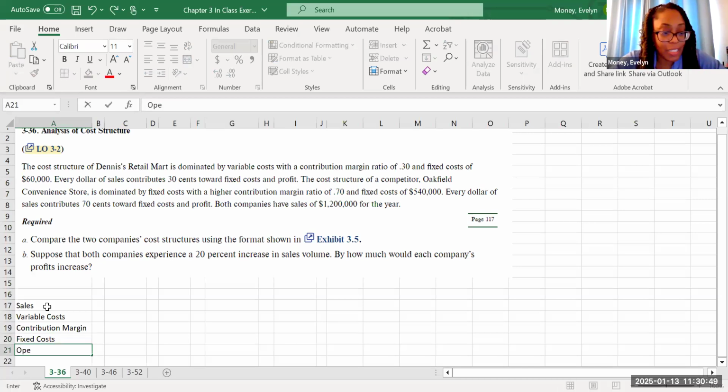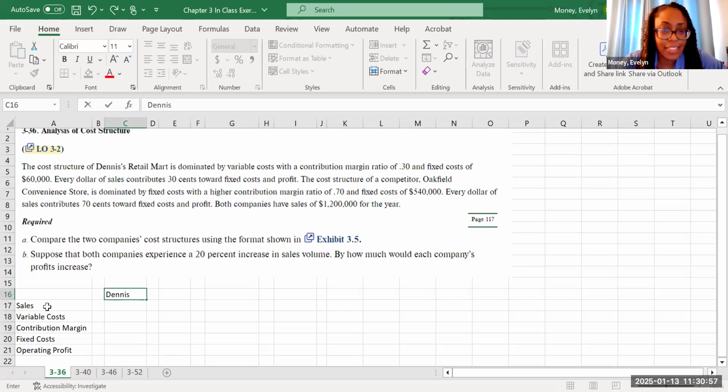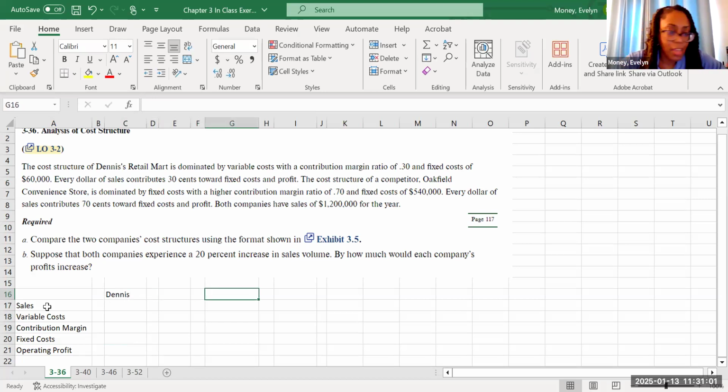And then that brings me to my operating profit. Now, we have to do this for Dennis, and we have to do this for Oakfield. Now, I'll go back and make that nice and neat and centered later on.